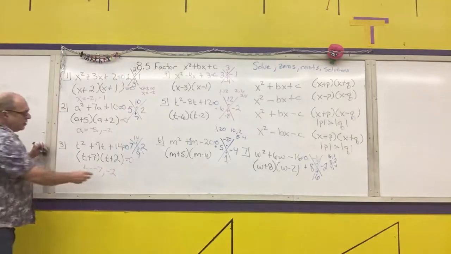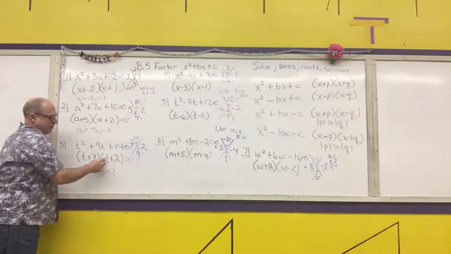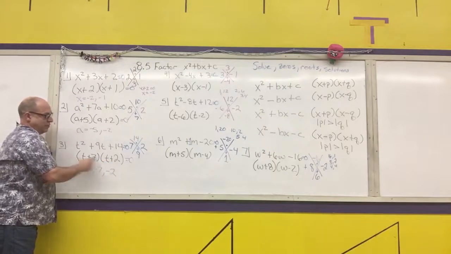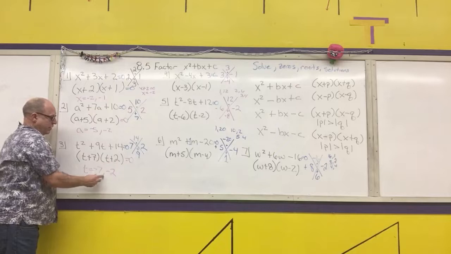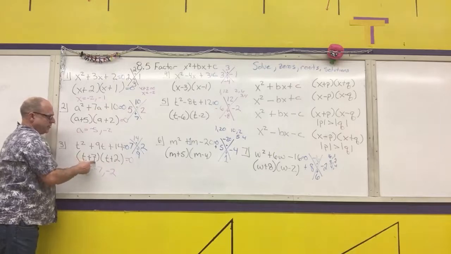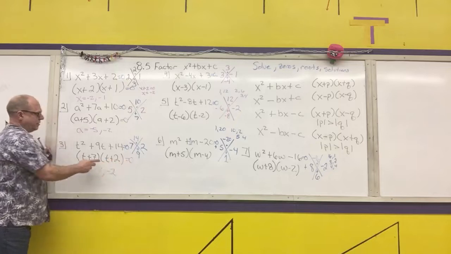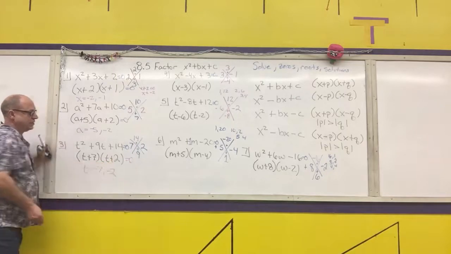And if you notice, if I put a negative 2 back in for t, I get negative 2 plus 2 is 0. 0 times 5 is in fact 0. Or if I put in negative 7, negative 7 plus 7 is 0. 0 times negative 5 is in fact 0.